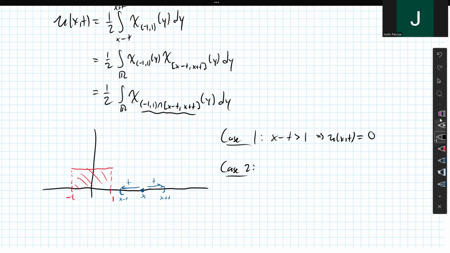So u is just going to be 0. In case 2, this left endpoint is going to be somewhere inside -1 to 1, right? So their intersection is going to be this bit here, the interval from x minus t to 1. So u, simplifying from this line, becomes the integral on R of the characteristic function on x minus t to 1. And when you're integrating a characteristic function on R, this just gives you the length of this interval.